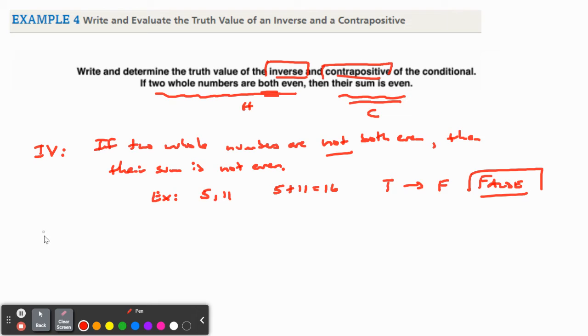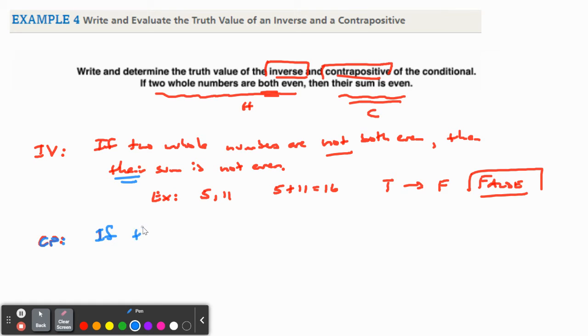Okay, now let's do the contrapositive. So now we take this inverse and switch the order. So I'll do it in blue. Contrapositive. So if, now notice here where it says there, what does there refer to? Well, there refers to the two whole numbers. So what we're going to do is ad lib some words.